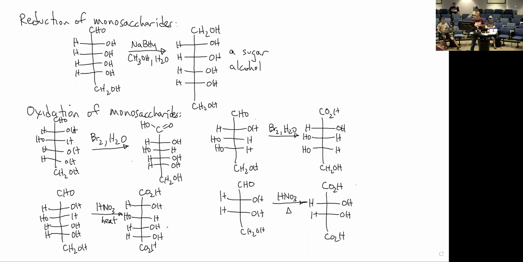This one is actually not a substitution reaction, although it looks like it at first, the reaction we're going to do next. So, and this is formation of glycosides, or formation of a glycoside. And we'll define glycoside basically by the structure.